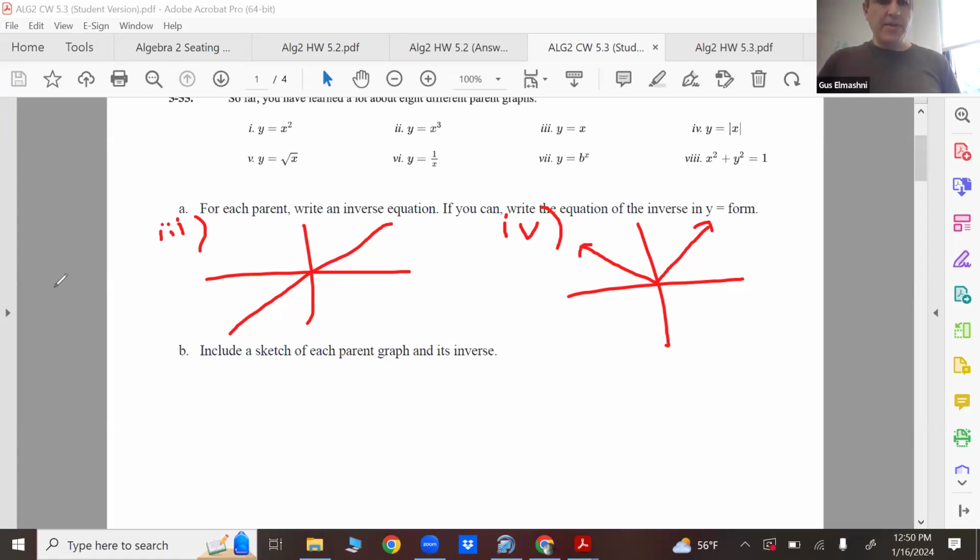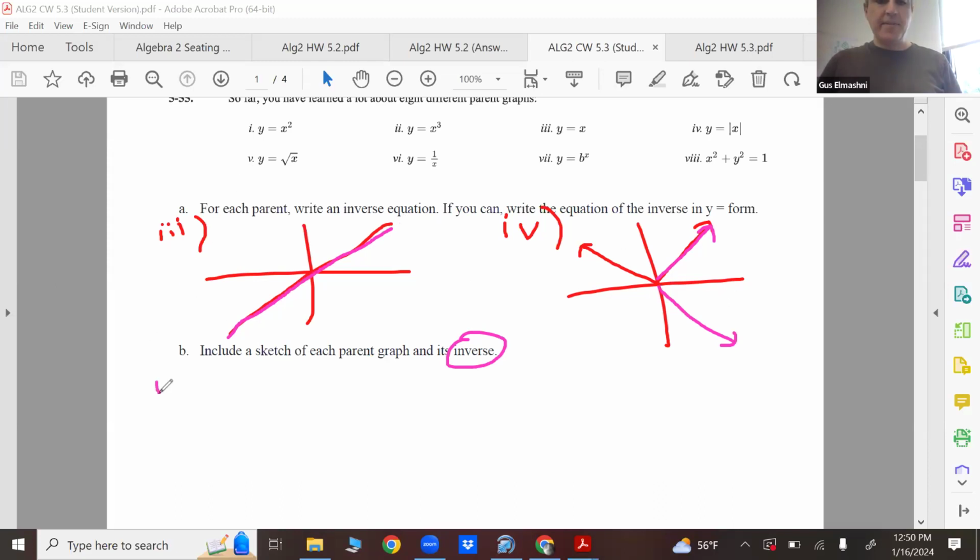If you do the inverses, it will look like this. It's still the same thing, right? So the inverse in pink is still the same thing. And for this one, remember it's symmetric about y equals x, so it's going to look like this. It'll look like that if you rotate it.